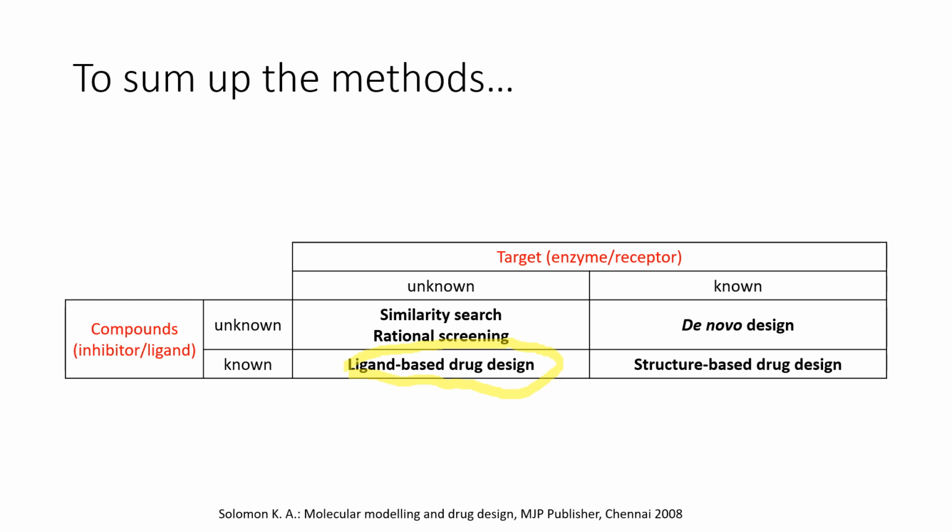It's an advantage to know the 3D structure of the target, so you can work during the molecular modeling also with the macromolecule. In case we do not know any active compounds, but we know the 3D structure of the target, we can apply the approach that is called de novo design.